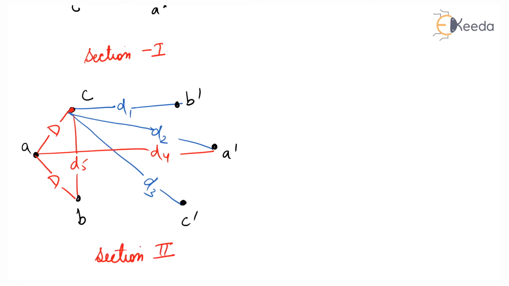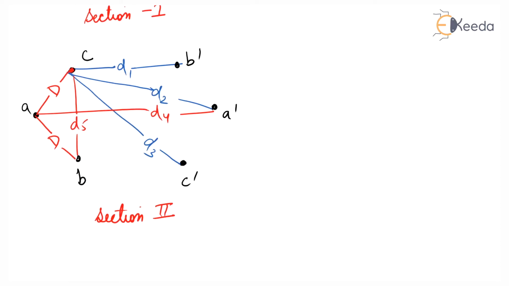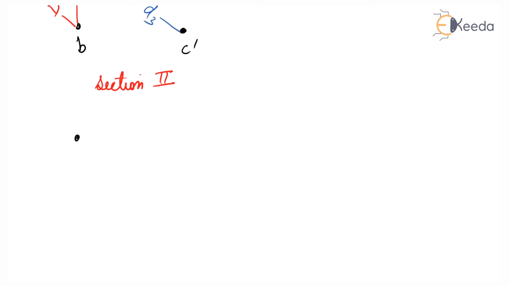Now third section, again clockwise rotation. So BCA. First conductor B, second conductor C, third conductor A. So this is B dash, C dash and A dash.